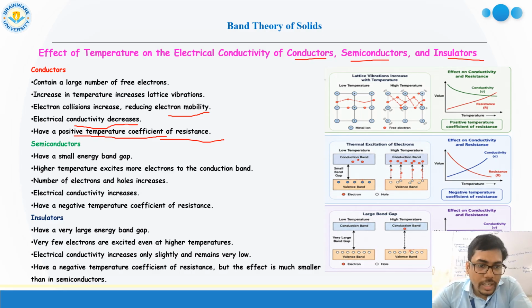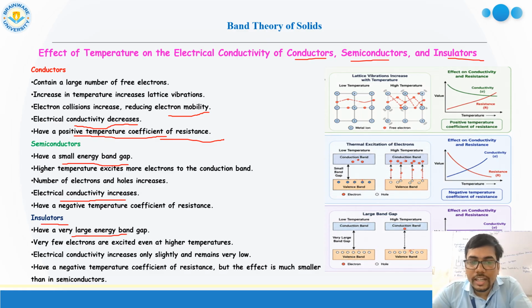In the case of a semiconductor, there is a small energy gap. So if you increase the temperature, then more electrons and more holes will be generated, and obviously more electrons will jump from the lower level to the higher level, and electrical conductivity increases. So in the case of a semiconductor, with increasing temperature, electrical conductivity increases. But what about an insulator?